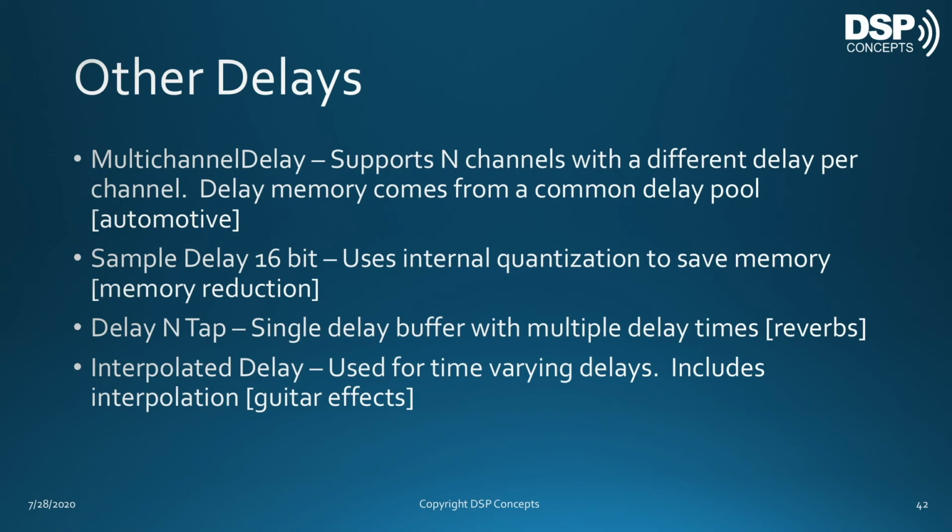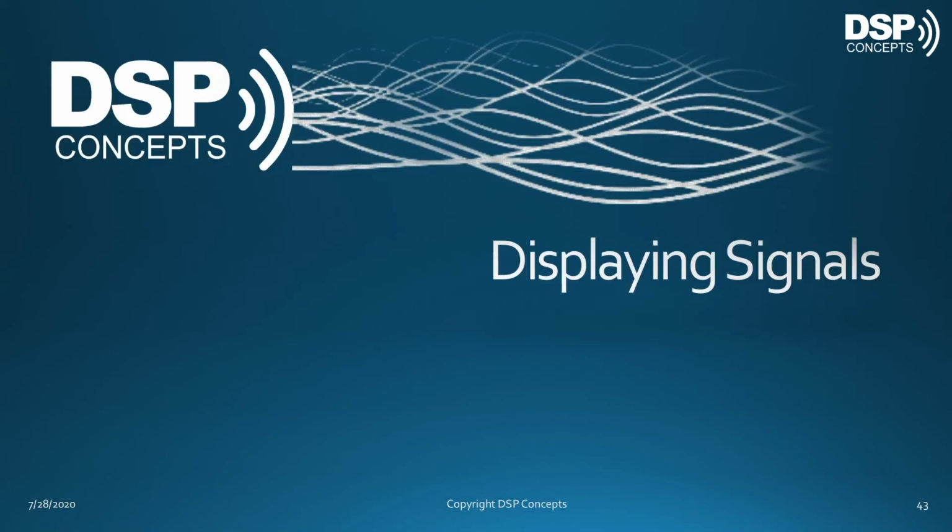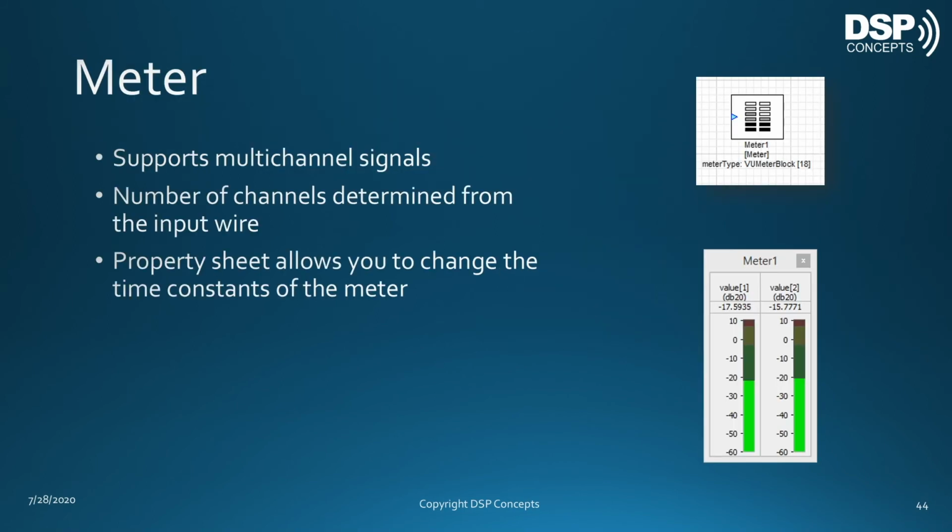There's an n-tap delay. So you have a single delay buffer, and you might want to extract data at different delay times. This could be used for a reverb. And then there's also interpolated delay. This is used for time varying delays where you don't want to have pops or clicks. And this includes interpolation.